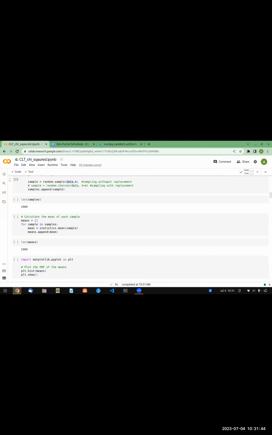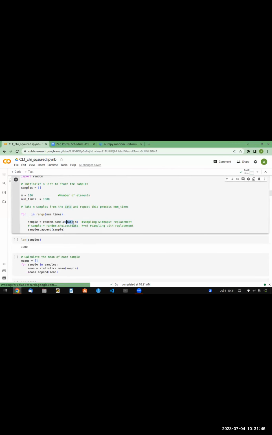That's why the first parameter is data. And a means the number of elements you want to take in each sample. Like here M is 100, right? That means go to those 10,000 data points and create a 100-element sample.